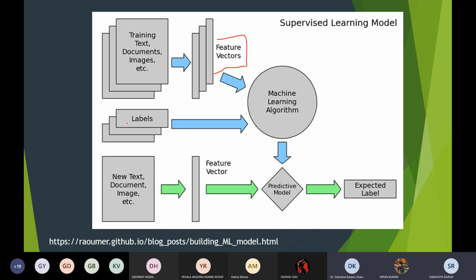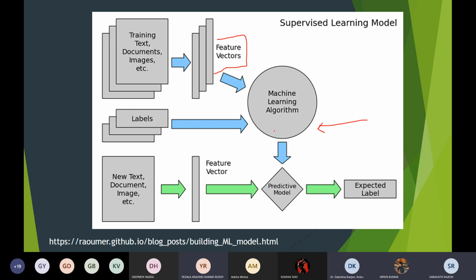The examples of the supervised learning model will be labeled by class information. So class information and feature vectors are available to this machine learning algorithm. Then we can build a trained model.